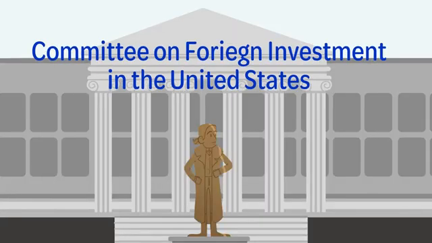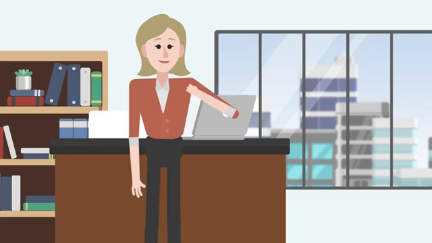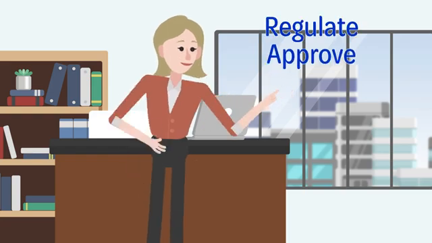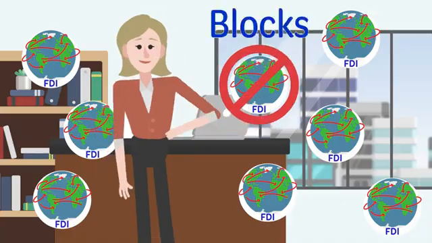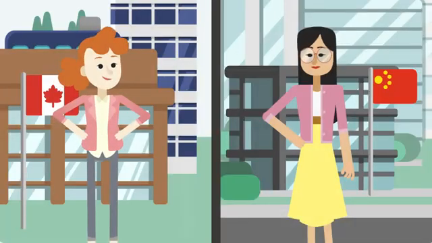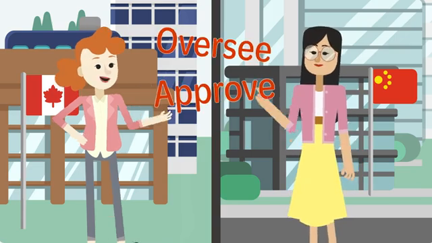The Committee on Foreign Investment in the United States, or CFIUS, has the power to regulate, approve, and deny any purchases, but the committee rarely blocks any FDI deals. Similarly, many other countries have similar organizations that oversee and approve FDI investment.